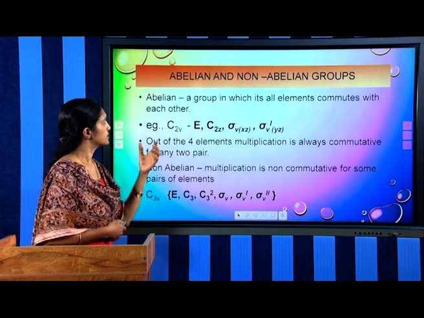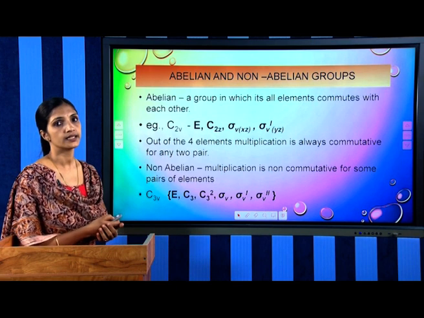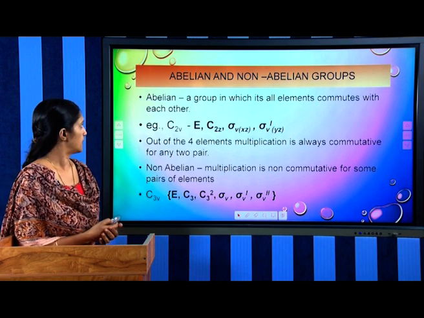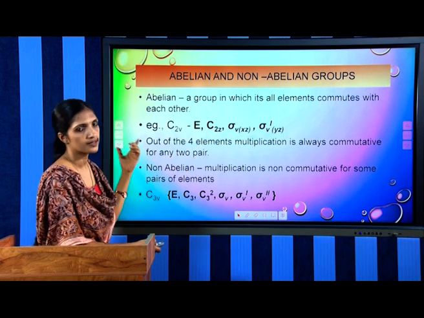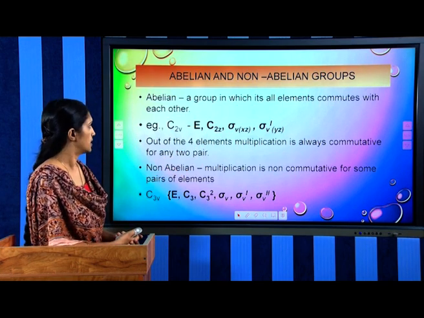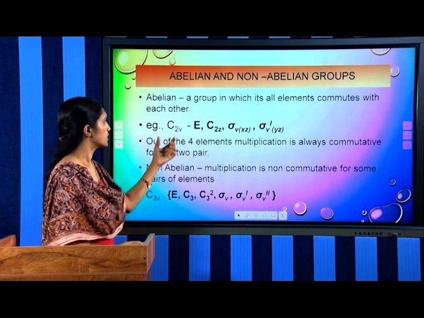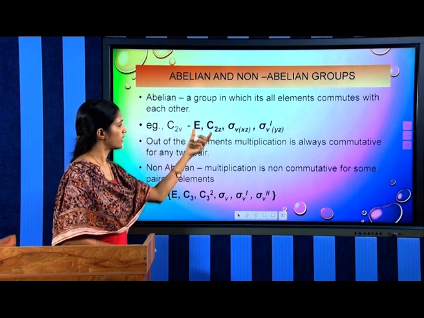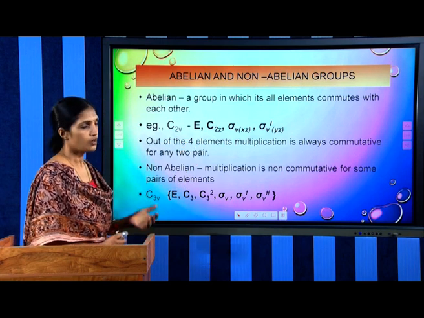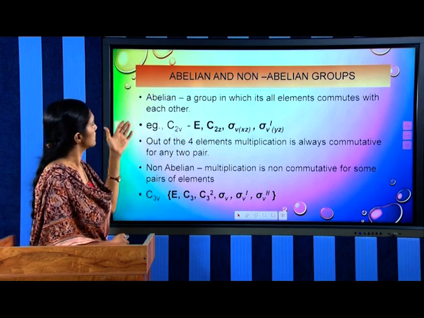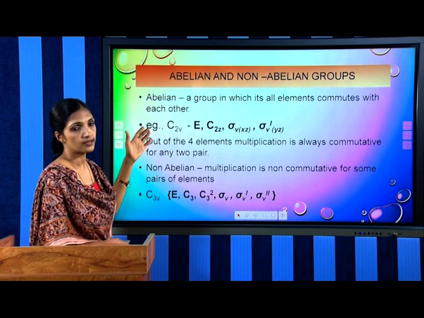Next point we have to discuss is about abelian and non-abelian groups. Abelian group means a group in which all the elements commute with each other. For example, the C2v point group. In the C2v point group, any two operations commute with each other. Okay. So, that type of group is known as an abelian group.